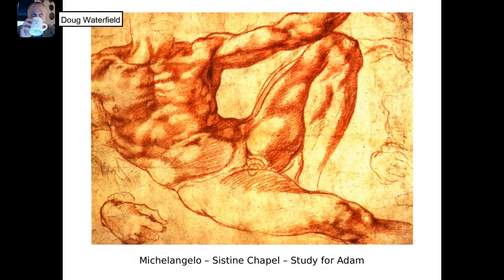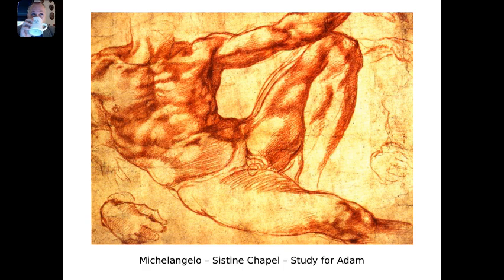This is a preparatory study for the figure of Adam, and you can see that they reveal Michelangelo's keen attention to subtle details of human anatomy, and also his use of the chiaroscuro that we also saw used by Leonardo in his drawing techniques.